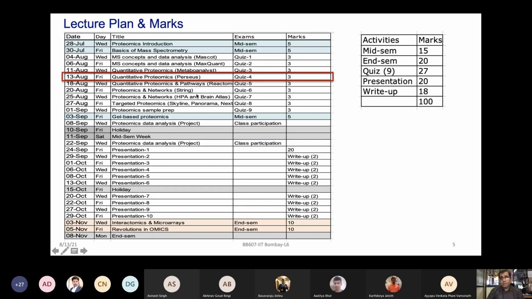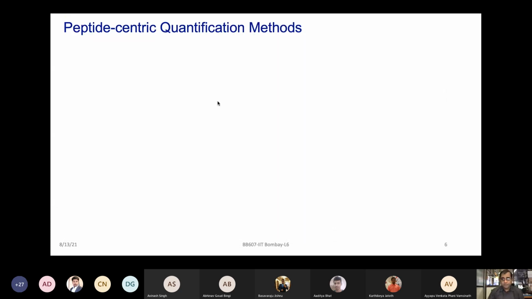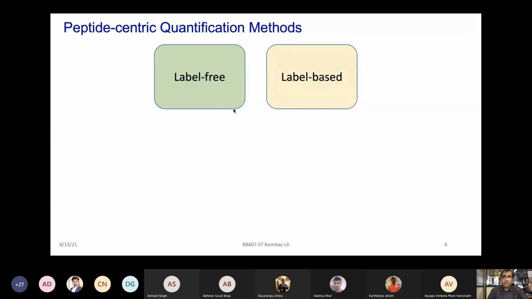So just to recap, we have started talking about the growing field of proteomics, especially driven by mass spectrometry, and some of the concepts of protein identification and quantification and secondary data analysis, which is going to lead us towards understanding the biological system in subsequent lectures. So we talked about possibilities of doing quantification using two methods, either labeling the peptides or using the label-free approach.